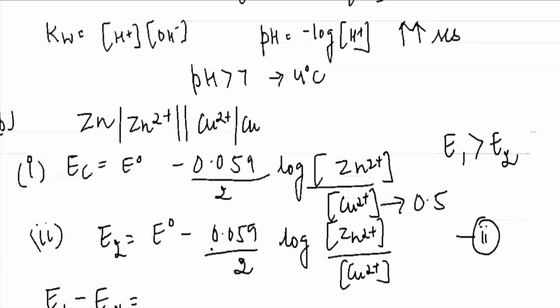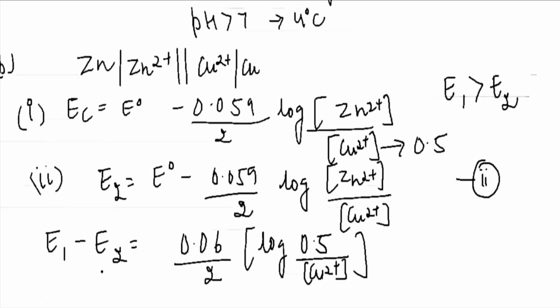E0 and E0 will cancel. We get 0.059, which we can approximate to 0.06, divided by 2, then the log value, because Zn2 plus and Zn2 plus cancel out, so we have only Cu2 plus. This is what we get for E1 minus E2.